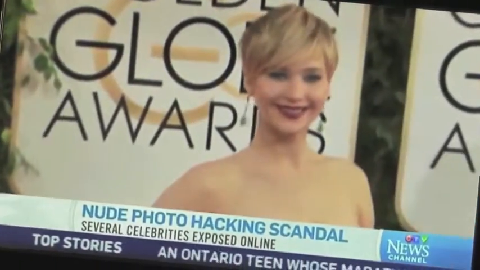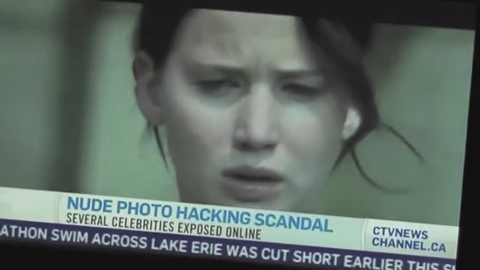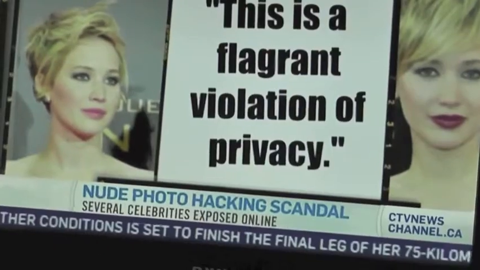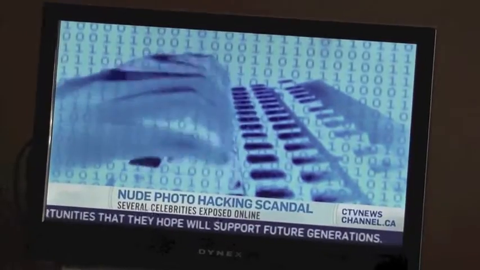The 4chan user also claiming to have more naked selfies and explicit videos of the Hunger Games star and offering to share those too in return for payment. Overnight, Lawrence's reps confirming the pictures posted on 4chan are real, telling ABC News this is a flagrant violation of privacy. It appears the alleged hacker may have accessed at least some of the photos from a cloud, an internet storage service in which users' information and media are supposed to remain private. Even if you have deleted photos from your phone, oftentimes they've already been uploaded into the cloud, and when you delete them from the phone, they continue to exist.